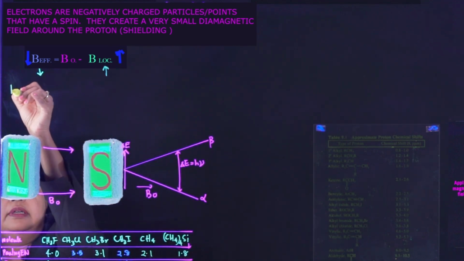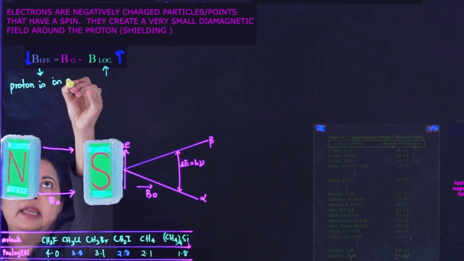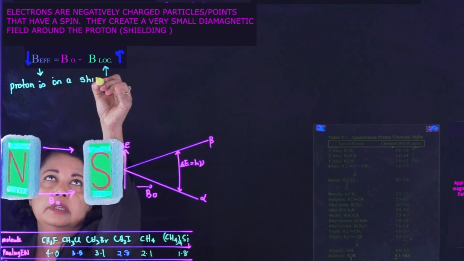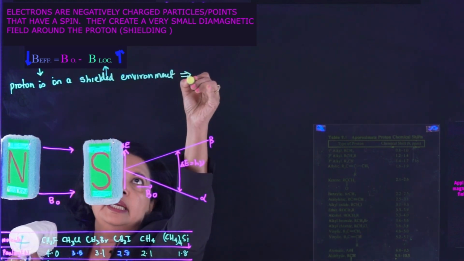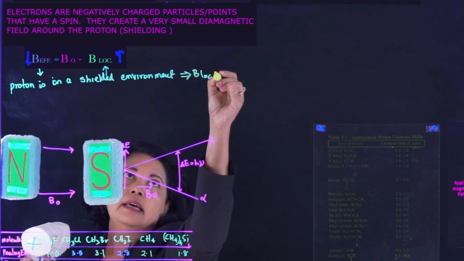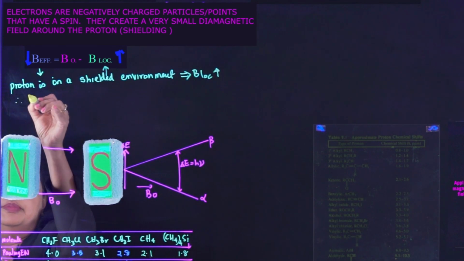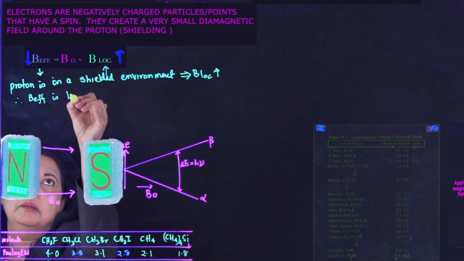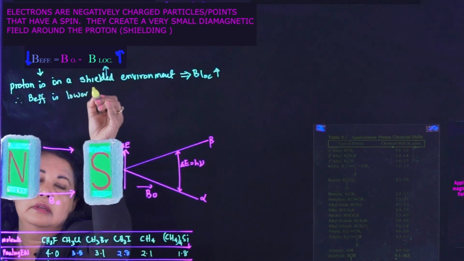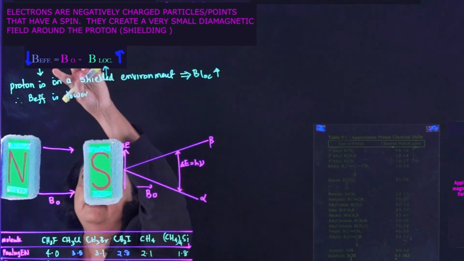So the proton is in a shielded environment, shielded by electrons. That would mean B local is high. Therefore, B effective is low or lower. So for shielded protons, the B effective is lower.